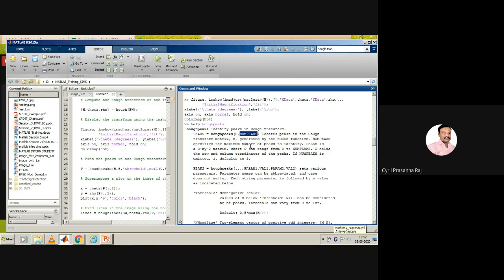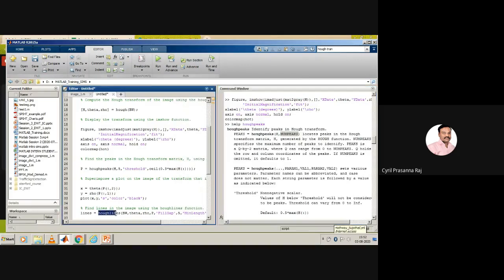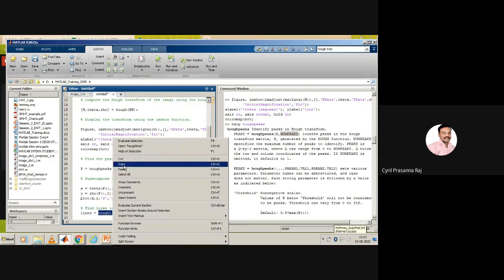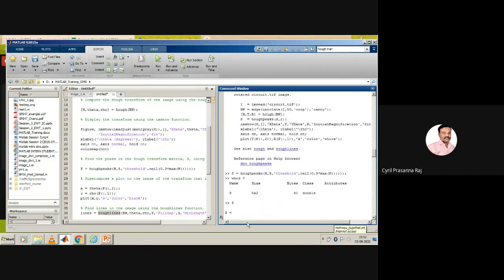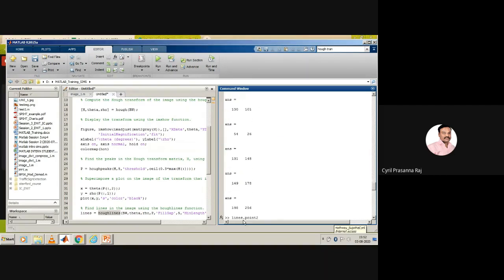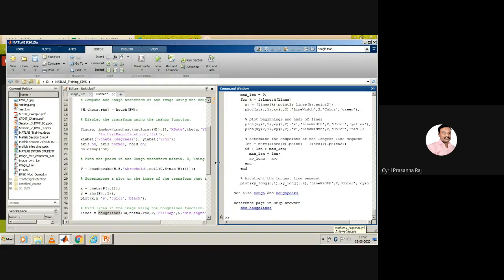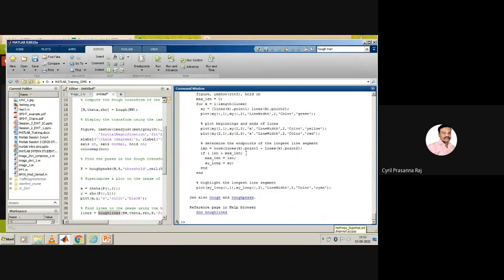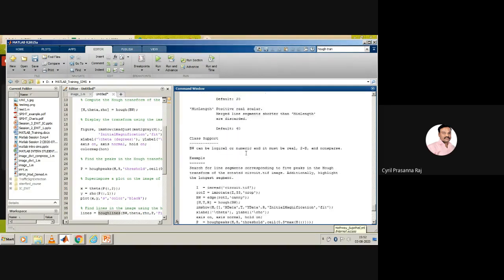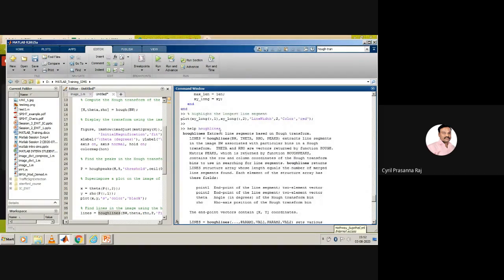Okay, next, one more function that can help us is houghlines. If you go to this houghlines and use this command, it is going to extract the line segments based on the Hough transform. It extracts line segments in the image associated with particular bins in a Hough transform.